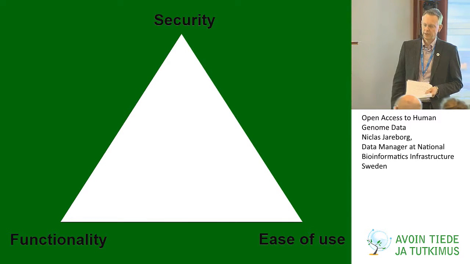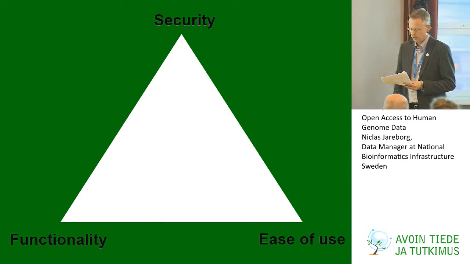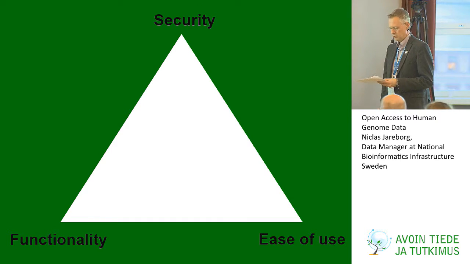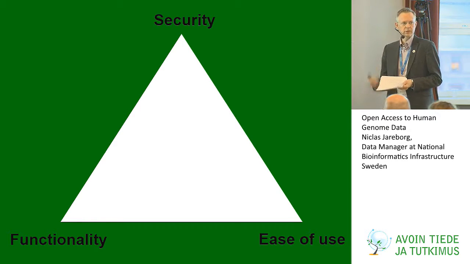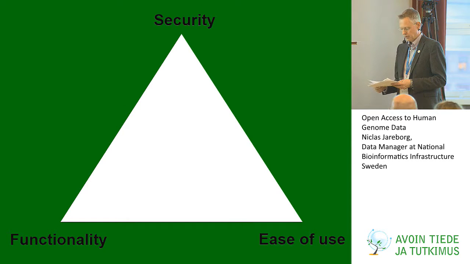The infrastructure providers must offer efficient solutions that make it possible to safely analyze, store, and share whole genome data. We have efforts in the Nordics in a project called Tryggve, which is a Nordforsk financed project.